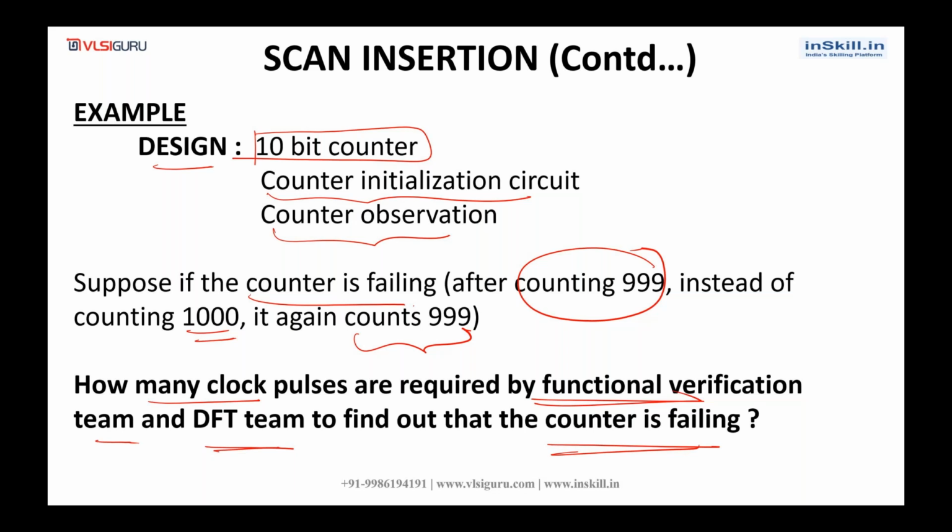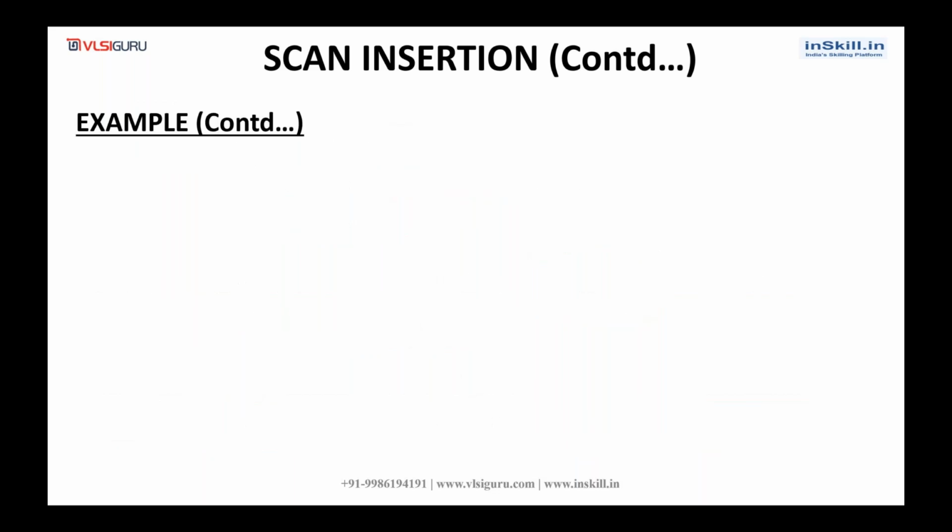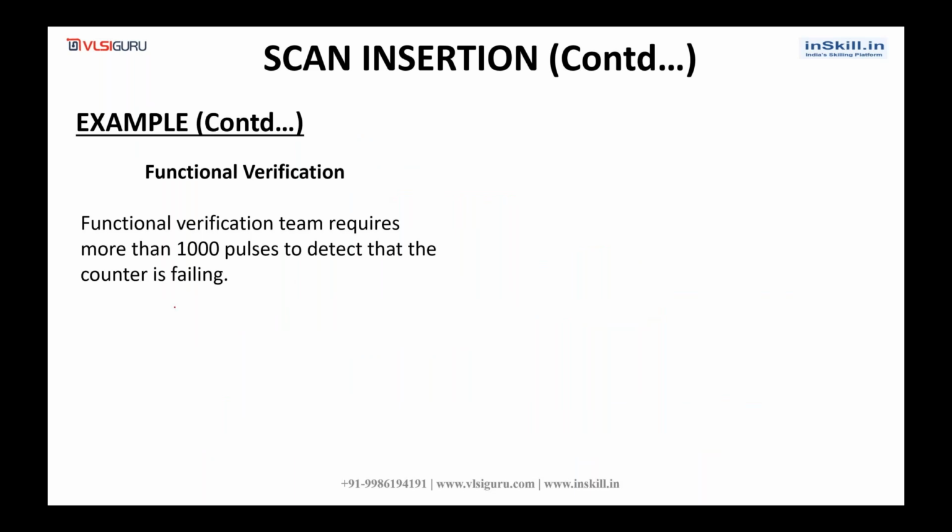How many clock pulses are required by the functional verification team and DFT team to find out that the counter is failing? The functional verification team, as we saw earlier, actually checks the functionality. In our case, the counter is failing at the 1000th pulse.